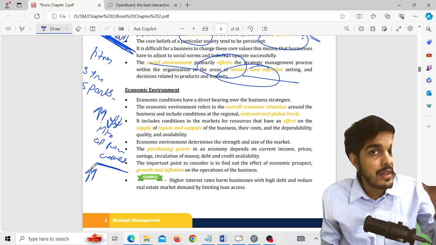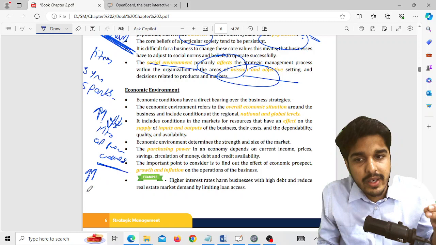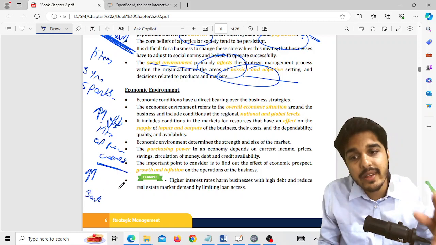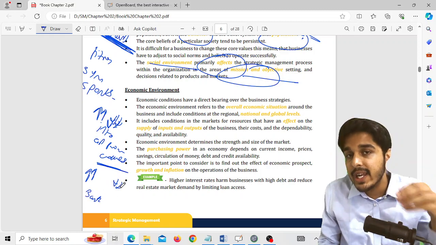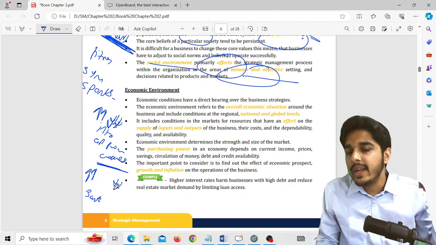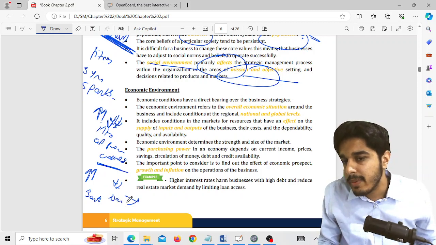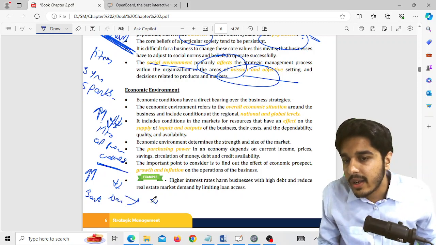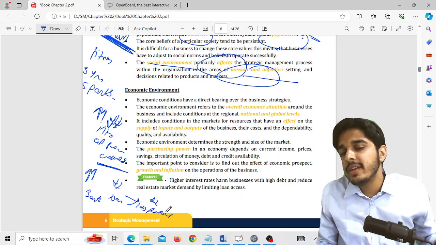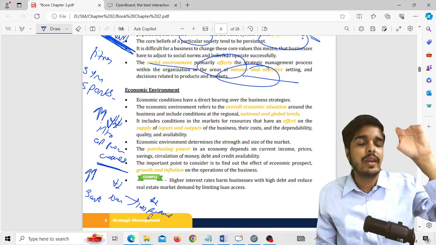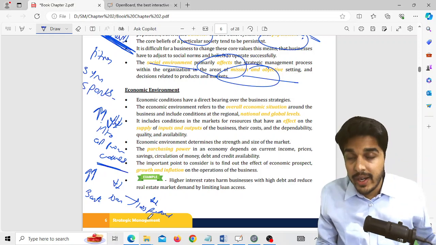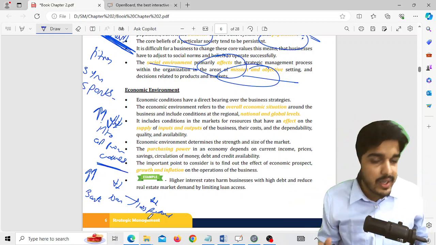Once interest rates of banks increase, people will take very few loans from the banks, and if they take fewer loans, they will buy far fewer properties. It means the real estate business is going to be very down when interest rates are increasing.